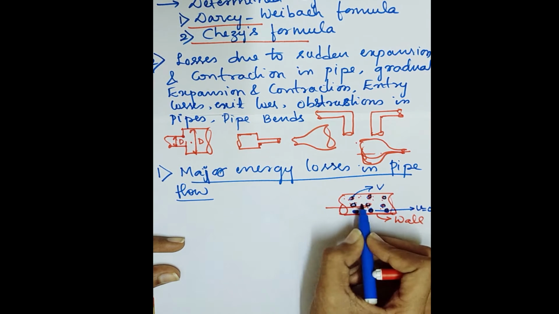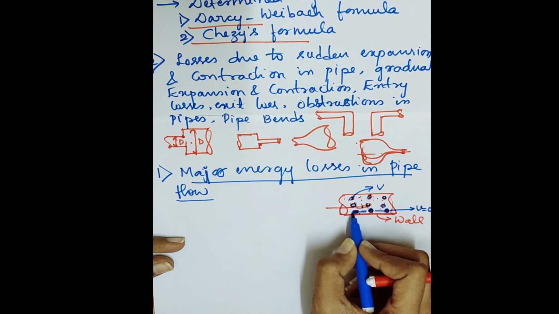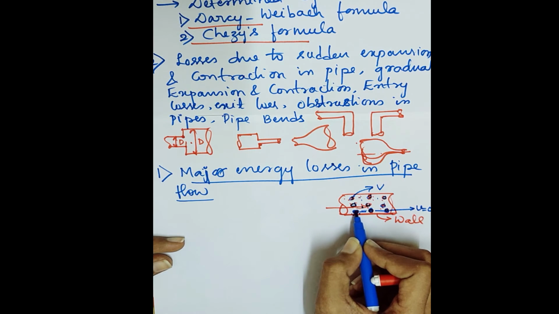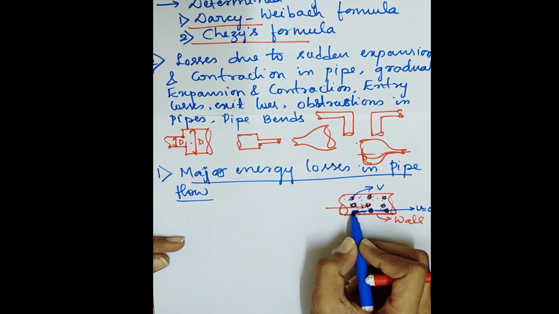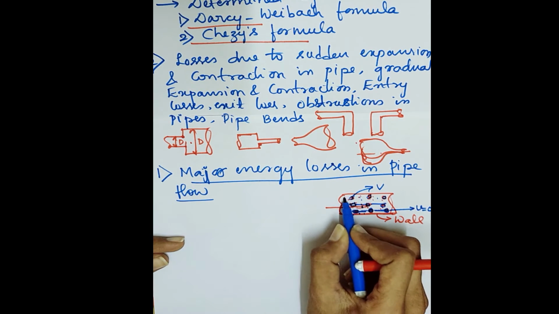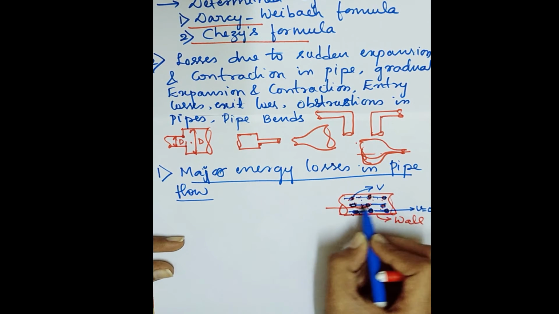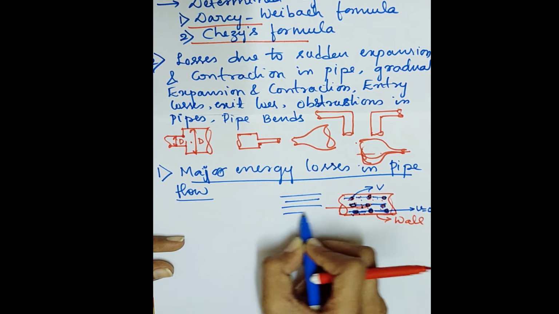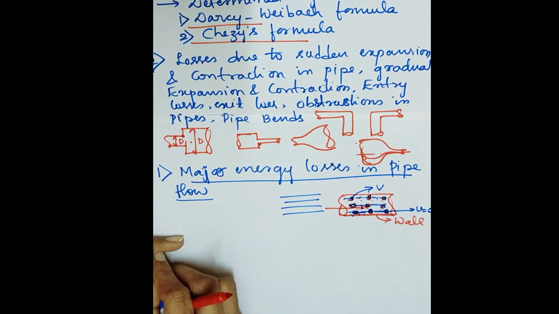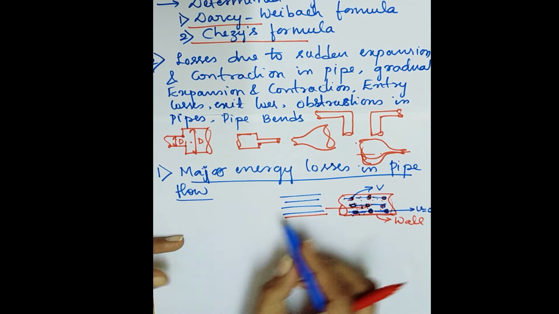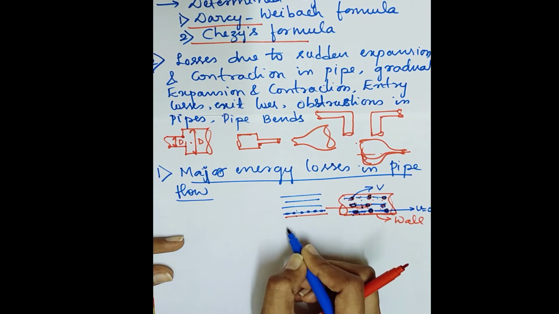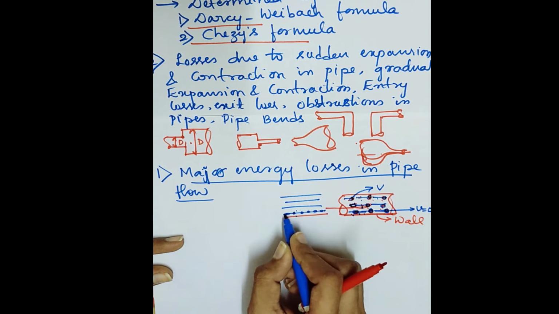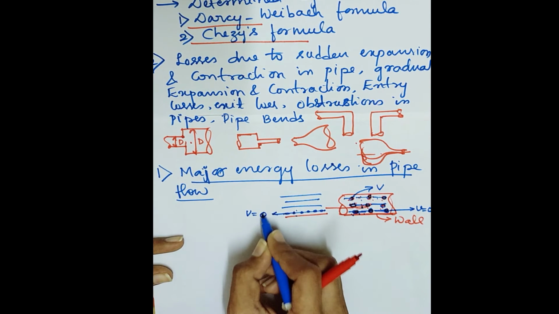When the fluid starts flowing inside the pipe, the velocity of the fluid adjacent to the walls of the pipe, this layer of fluid, will be 0. Fluid is made up of layers of fluid particles. If we consider this is the wall, the layer of fluid particles present next to the wall will have velocity 0.